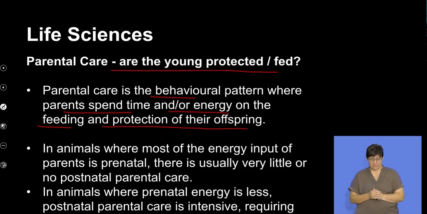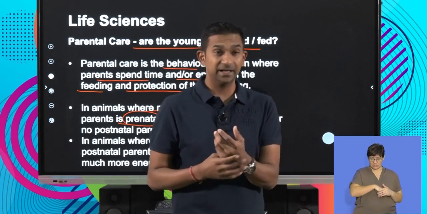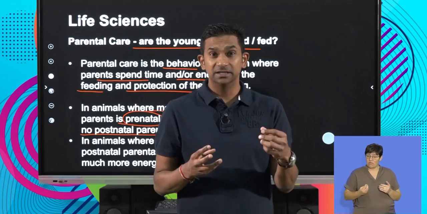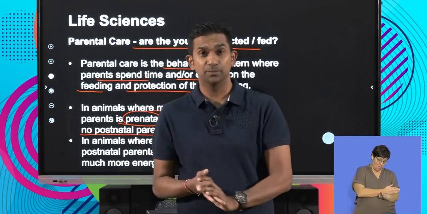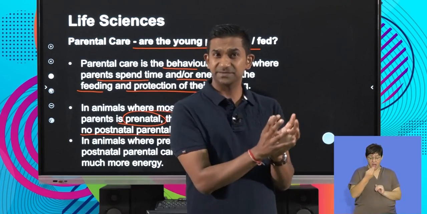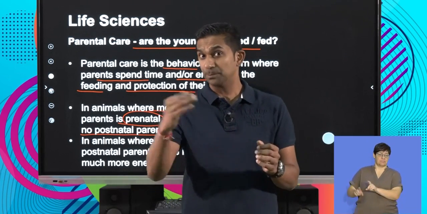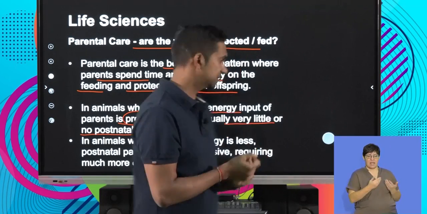In animals where most of the energy input of the parents is prenatal, essentially during the initial stages of development internally or of the egg, we find that there is usually very little or no postnatal parental care. So in species where there's a lot of parental care for the young developing before they are born, the young develop successfully and the parents spend very little energy on caring for them post-hatching or post-development.